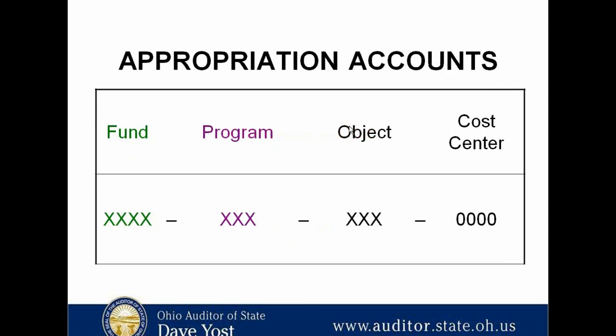Appropriation codes are comprised of three different required numbers: the fund number, the program number, and the object number. So again, we'll talk about this later in appropriation accounts, but before you can add a customized cost center to that, you would have to set up that cost center first in cost center maintenance, and then when you're setting up your appropriations, add it to that new account code.